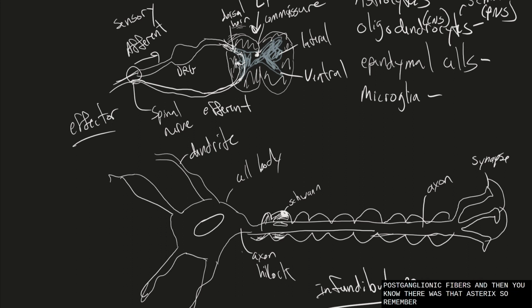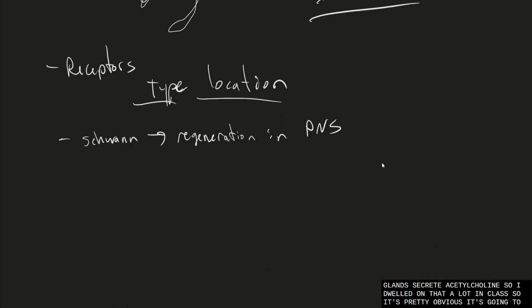So remember, all preganglionic fibers secrete acetylcholine. And then all postganglionic fibers in the sympathetic pathway secrete norepinephrine, except for one. Sweat glands secrete acetylcholine. I dwelled on that a lot in class, so it's pretty obvious it's going to come back again.